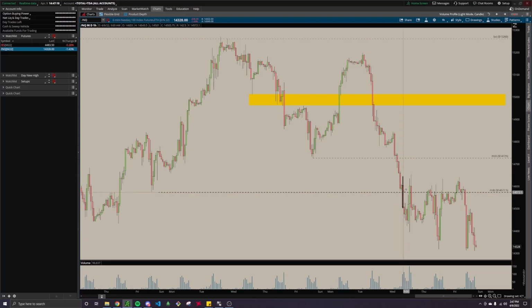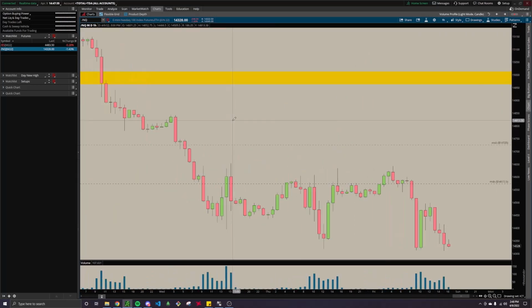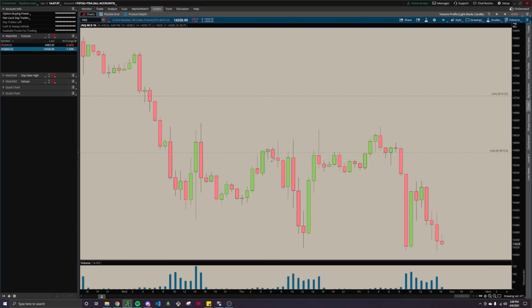Now, since we're so close to this pivot at the beginning of the day, I don't really know what to expect. Do we break this and come back through all the way to this previous market structure break? I'm just looking at the lower time frames to determine my bias. But I see that from that overnight session, we create fair value gaps on the hourly chart right before the market opens, which is within this candle right here.